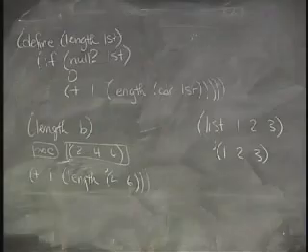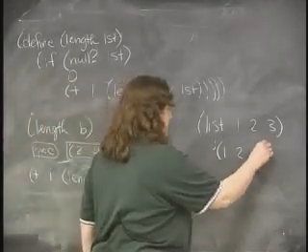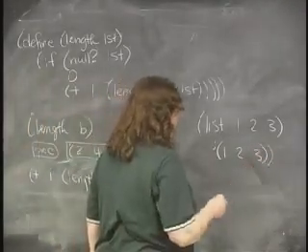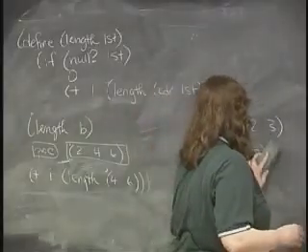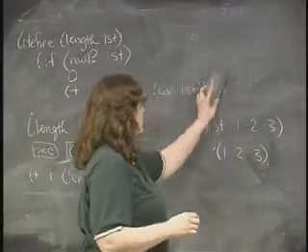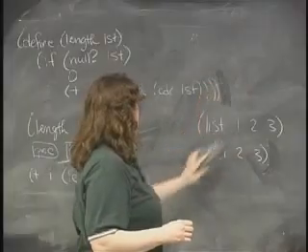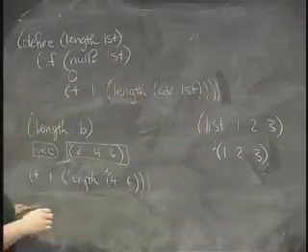What happens if you put too many parentheses at the end? Then we're going to get some sort of an error. Take off one parenthesis. Did I have too many? I think so.